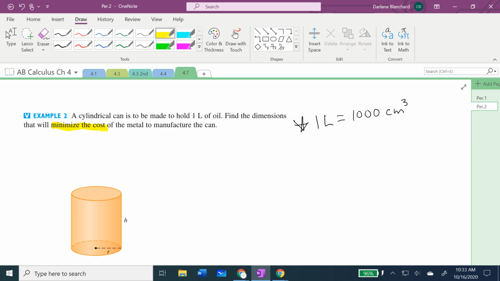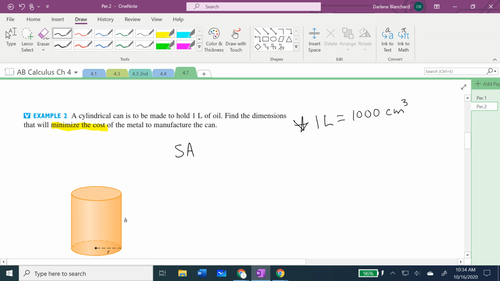So with that in mind, minimizing the cost means minimizing the surface area. Yay! Correct. So then you know your goal is to come up with an equation for surface area.